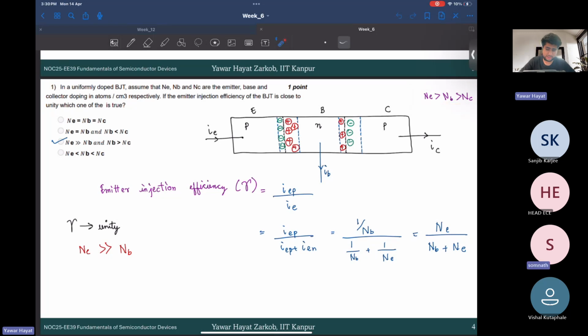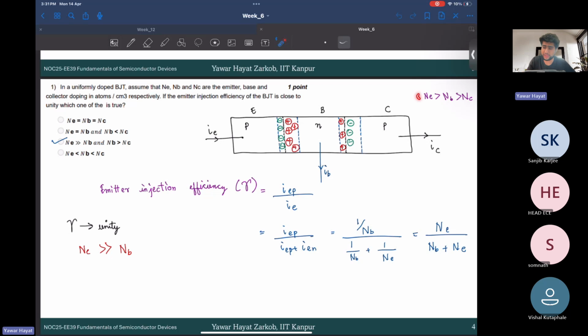Okay, sir. And actually, if you consider doping with respect to area. What do you mean by considering doping with respect to area? Actually, sir, I consider the number of carriers available per unit area.